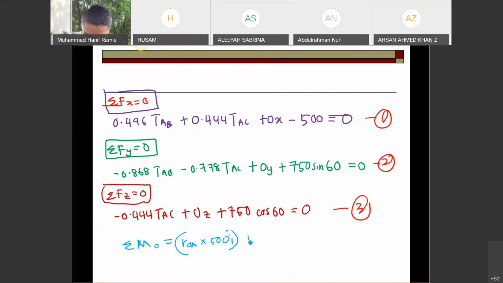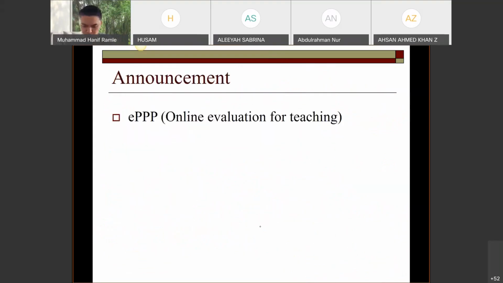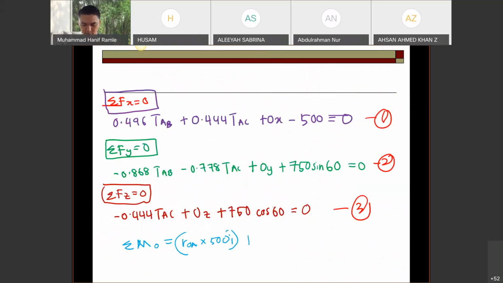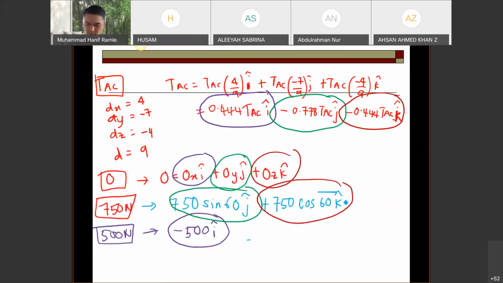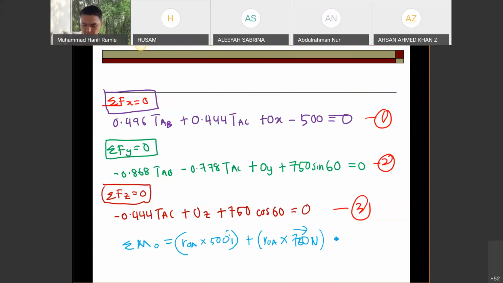Plus r_OE cross with 700 Newton. I put it like this, so you have to substitute the 700 Newton into the equation. And then plus r_OE cross with TAC.